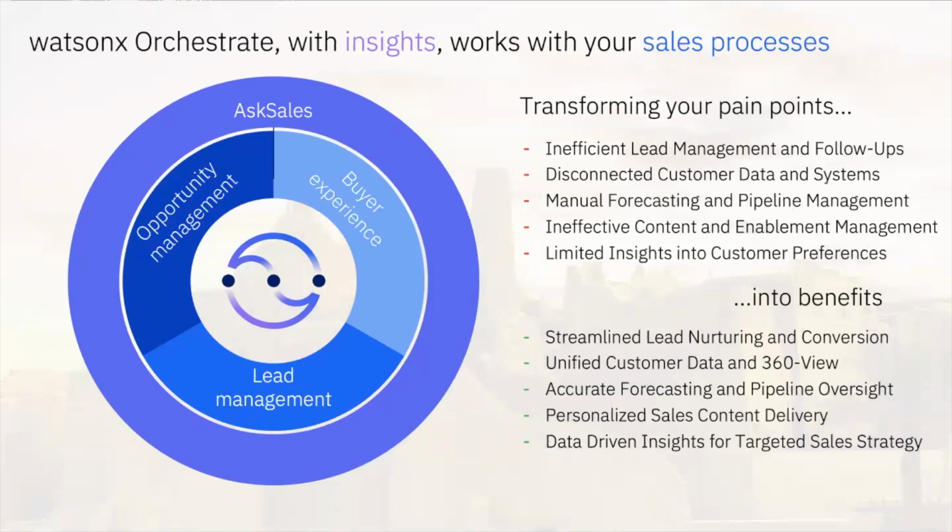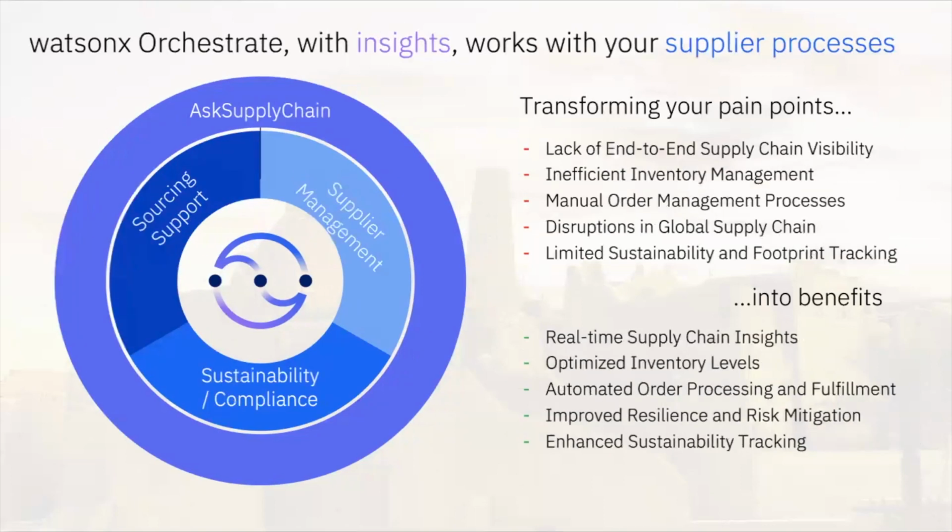We are also using it in sales, because we need to know the number of leads that we have, who are the customers that are not happy with the company, how we can increase the NPS and all this stuff, and the recommendation of products to customers as well. It can help you in supply, so Ask Supply Chain will connect to your supply chain systems, and you can get some information and even execute some transactions.